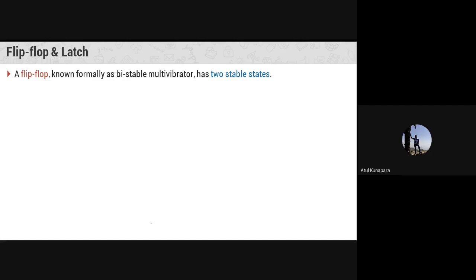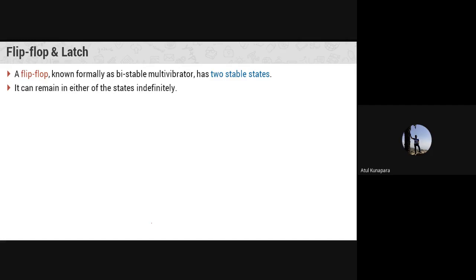It can be either 0 or 1 at any point of time based on the input applied. That's why this flip-flop or latch is a device, or the smallest component, which is going to store 1 bit of data by holding any one stable state at its output by its stable nature.